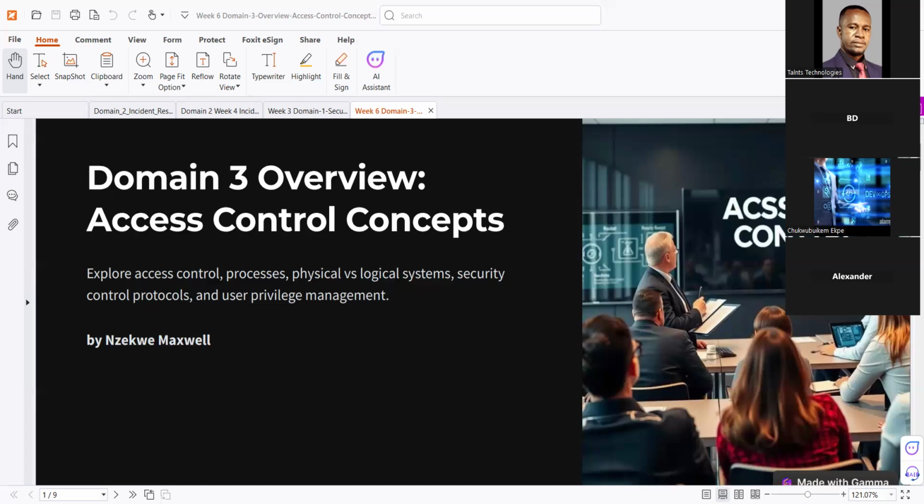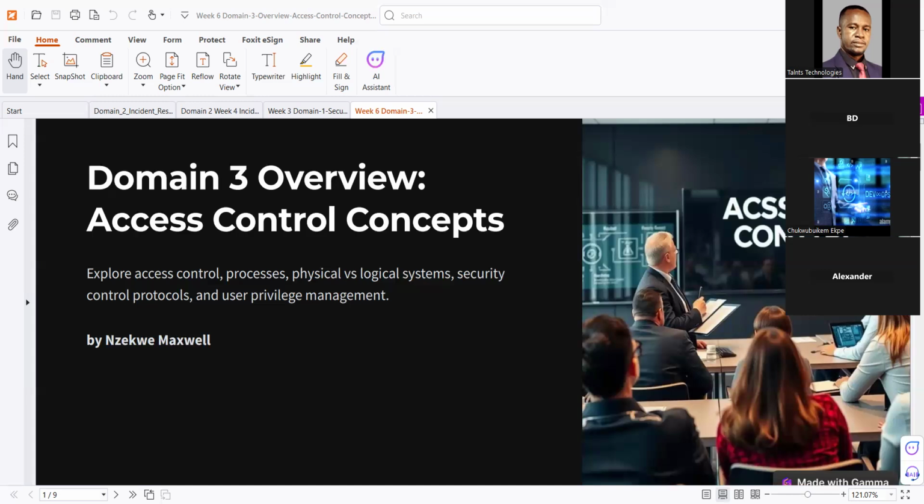Then the policies are the rules that define access level based on role. Is it going to be a user role, admin role, a management role, and so on? It is important that we prevent unauthorized access to sensitive data. That is going to reduce the risk of data breaches and insider threats.